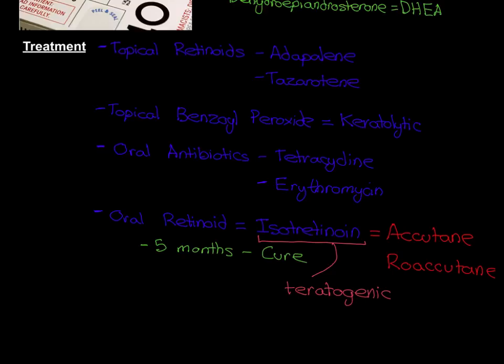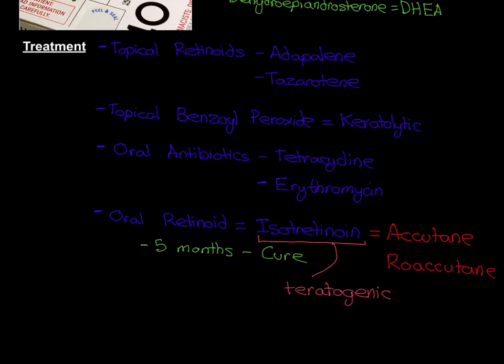Up from that, we have oral antibiotics. Tetracyclines are commonly used. Within the class of tetracyclines, there is the drug tetracycline itself, which is commonly used. Also, other examples, more rarely used, are minocycline and doxycycline. Then, totally different class of antibiotics is erythromycin, which is a macrolide antibiotic.